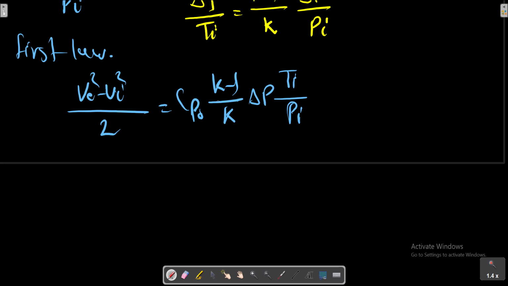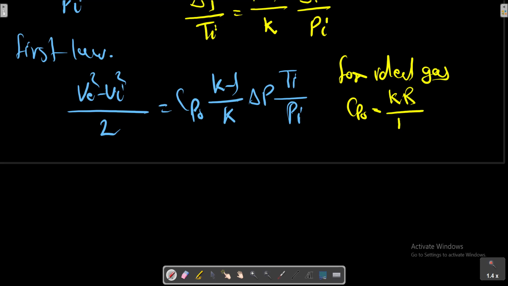But for an ideal gas, we have cp0 equals kR over (k minus 1), and Pi v_i equals R Ti, so Ti on Pi.